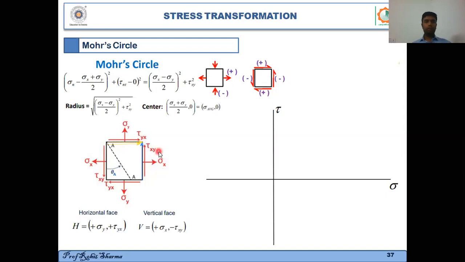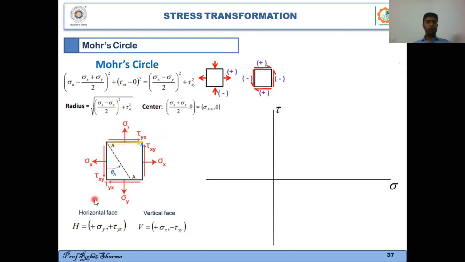Now also you can see the sign conventions. According to our sign conventions, for the vertical face, sigma x is positive because it is tensile, and the shear stress is negative because it is trying to rotate this face in an anti-clockwise direction. That is why the value of shear stress is negative.